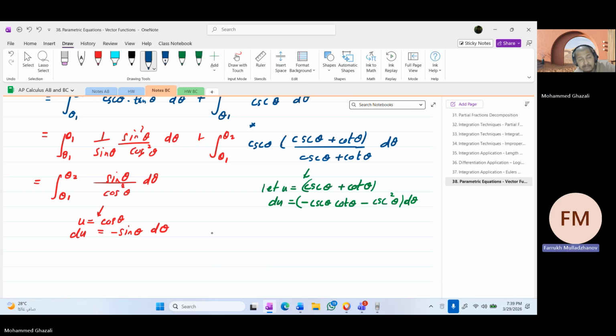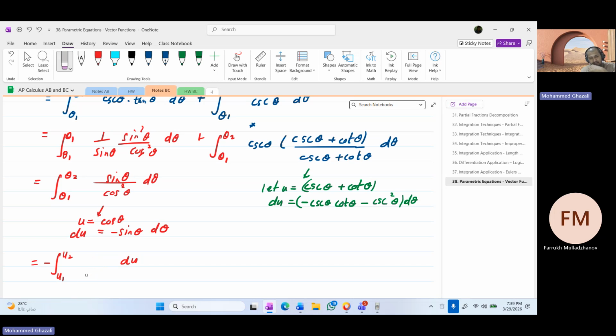Yeah, makes sense, sir. All right, let's solve this one now. This is easy. Now remember, I'm changing it back to u, so I'm just going to keep the integral like this. I'm going to call it u1, u2, right? Because I'm going to change it back to u here. So what is sine theta d theta? That's negative du. And what is this? 1 over u squared. 1 over u squared is the same thing as saying u to the power negative 2.